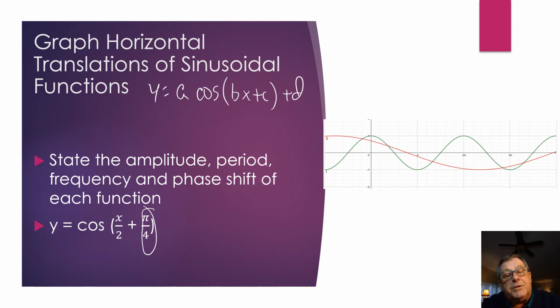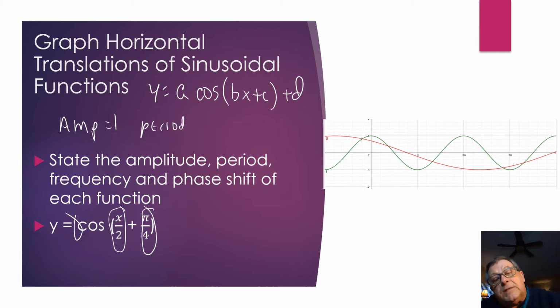Now as far as our amplitude, well, my lead coefficient is just 1. So my amplitude equals 1, no change there from the parent function. And then the period is affected by b, which is 1/2 of x, or x over 2. And so the period we defined as 2 pi over the absolute value of b.